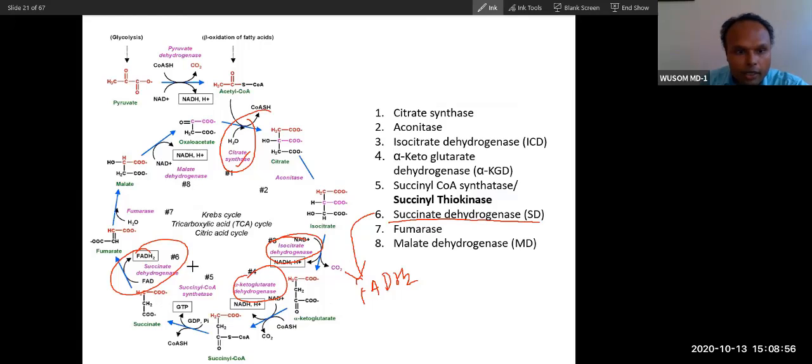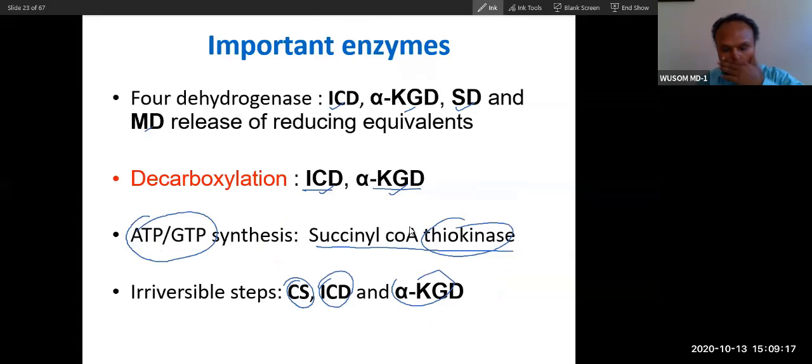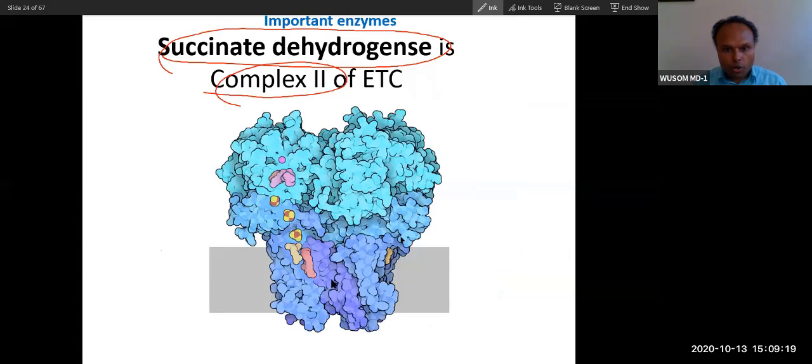Remember that. This is complex 2 of the electron transport chain. This is a very important concept. You can see the membrane here. So this is complex 2 of the electron transport chain.